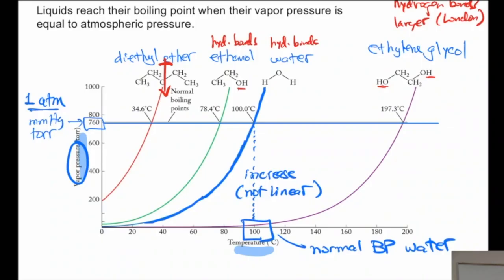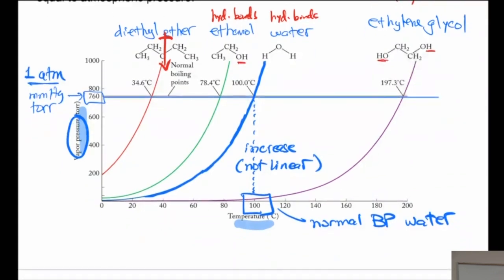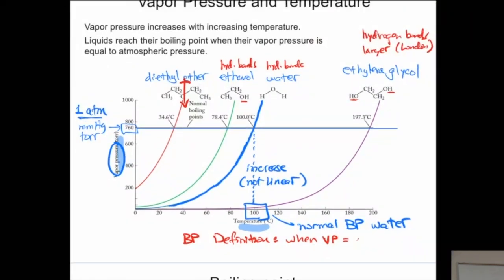So now we're getting to the actual definition of when something's boiling. This is the definition of boiling point. It's going to be when the vapor pressure, VP, is equal to the pressure above the liquid coming from the atmosphere, atmospheric pressure.